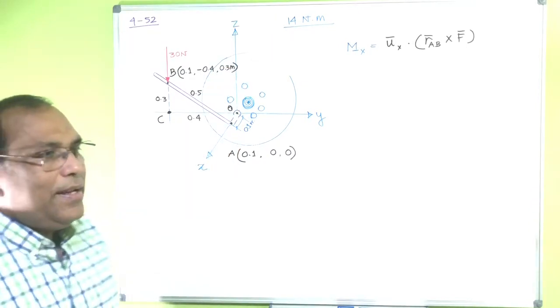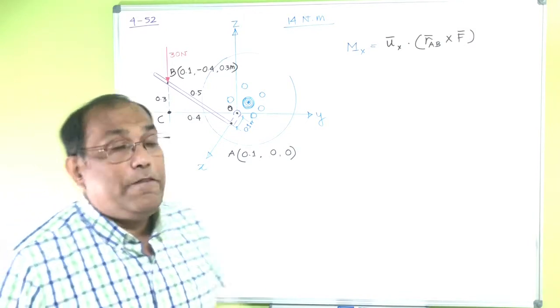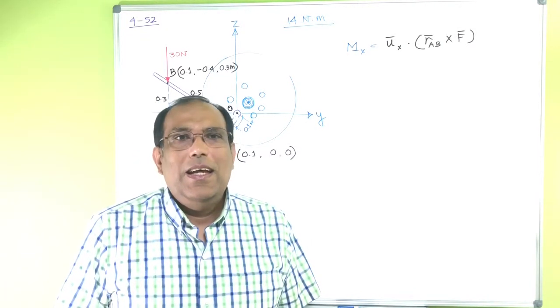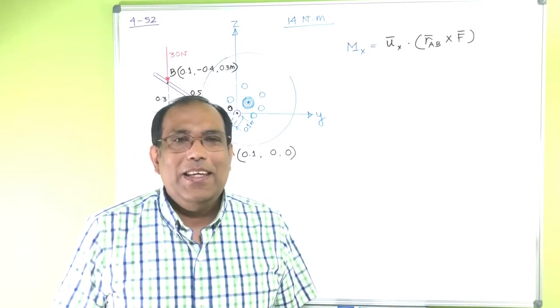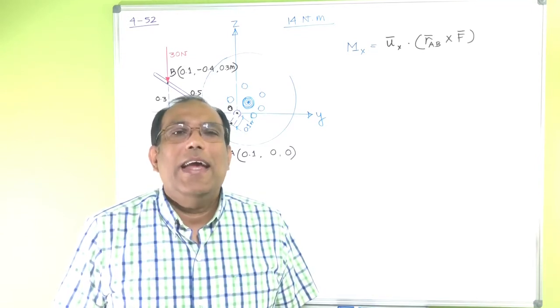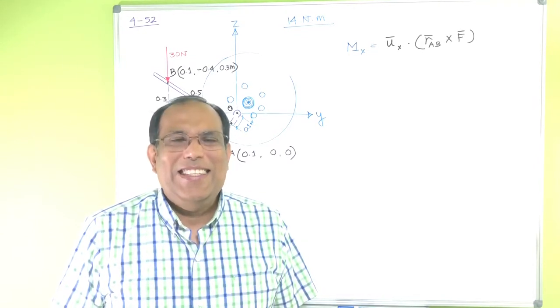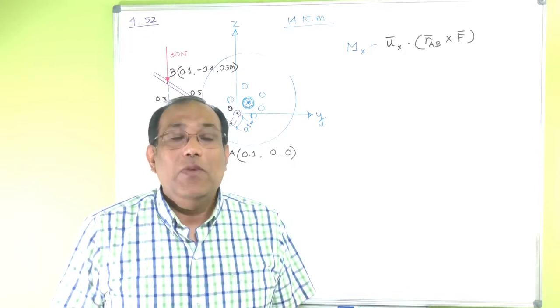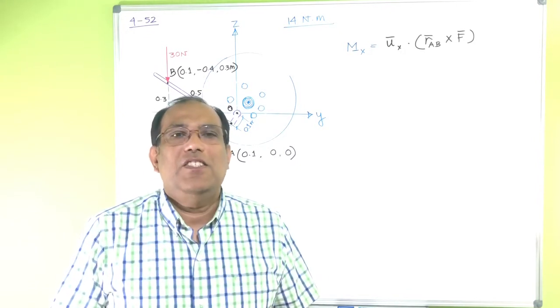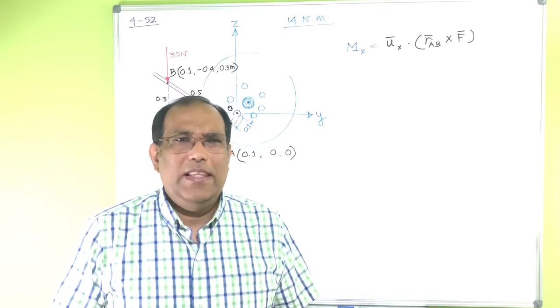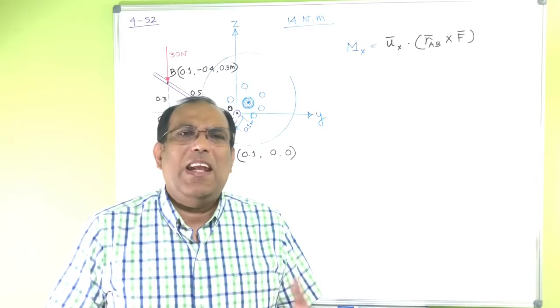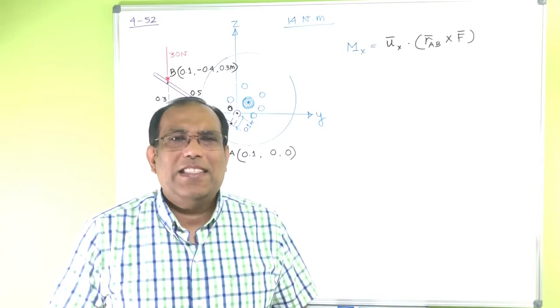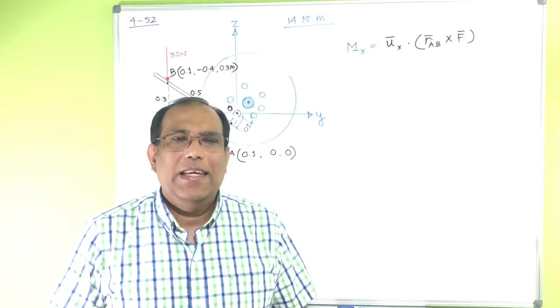Now you know the unit vector for the x-axis is just i, the unit vector for the y-axis is just j, and the unit vector for the z-axis is just k. Not only that, any axis parallel to the x-axis is also i.